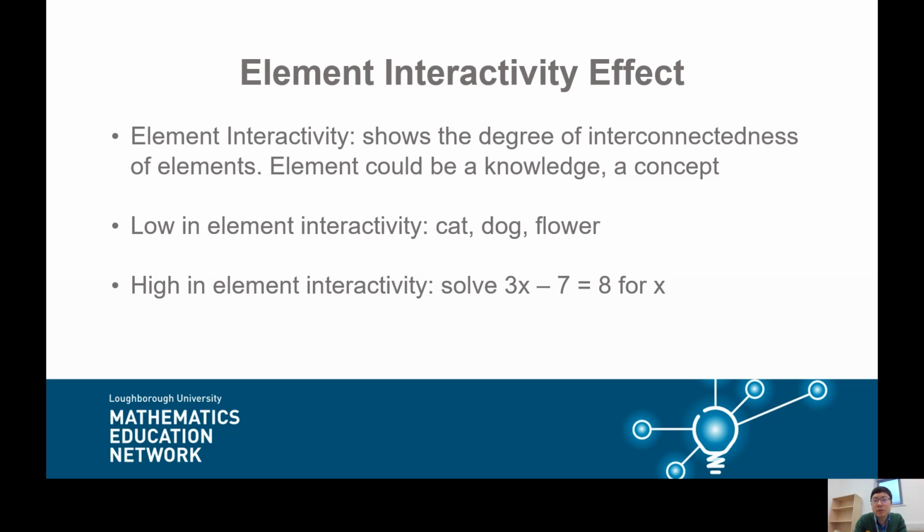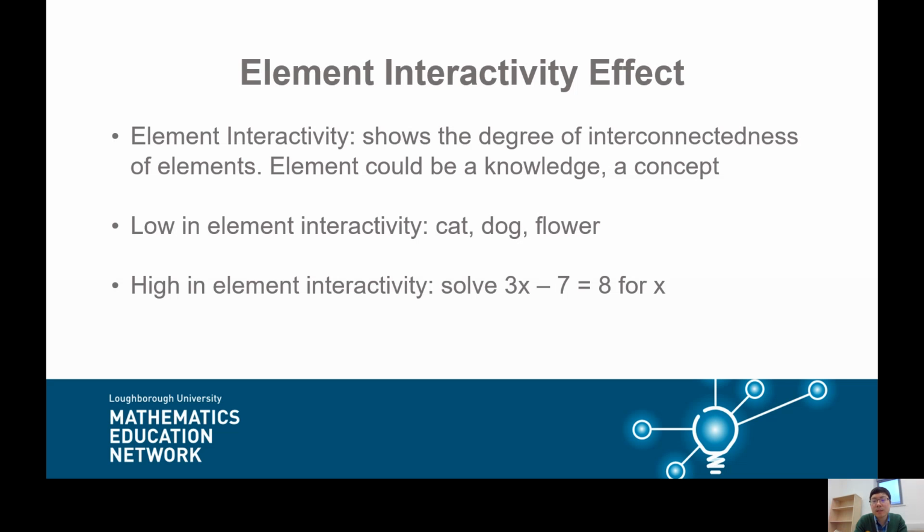However, if we ask students to solve the equation 3x minus 7 equals 8 for x, this kind of material belongs to materials high in element interactivity. Because for this situation, we couldn't process 3x minus 7 equals 8, the 6 math symbols, individually and separately.